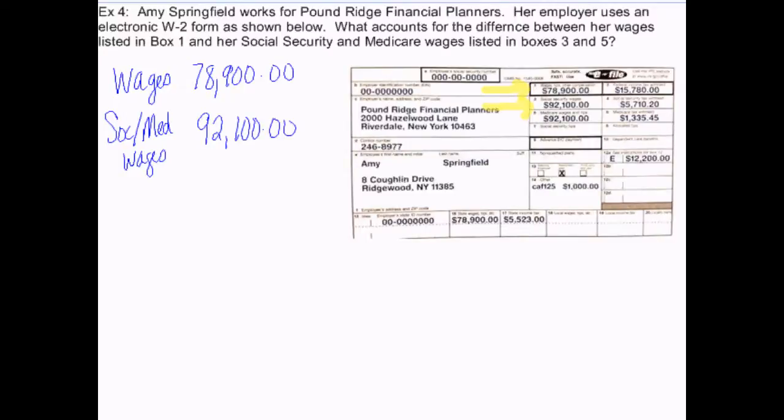And this is what I was kind of just talking about. If I take her Social Security wages and I subtract her regular wages from that, I have a difference of $13,200.